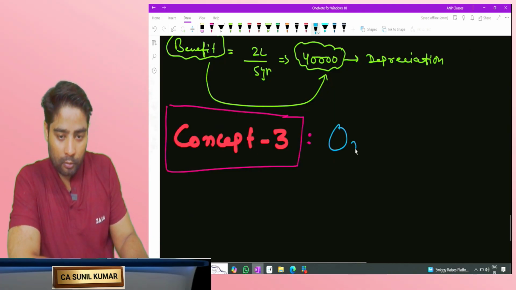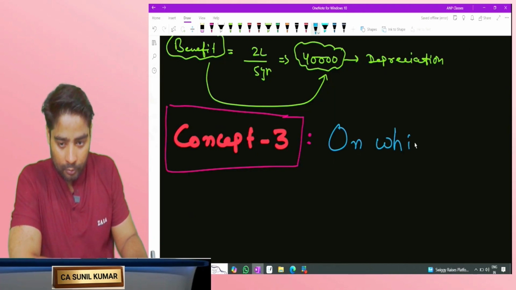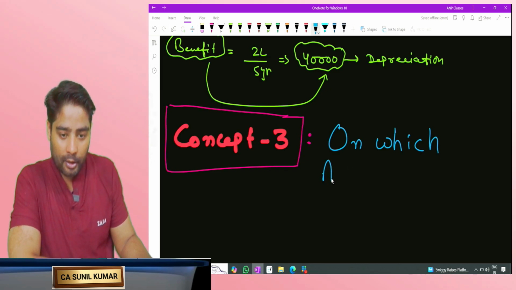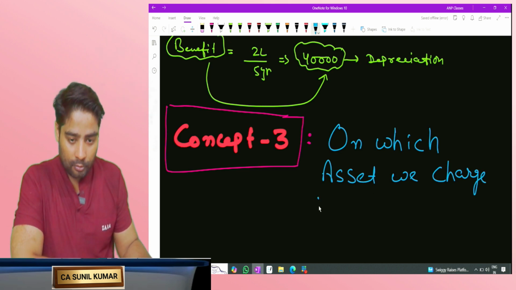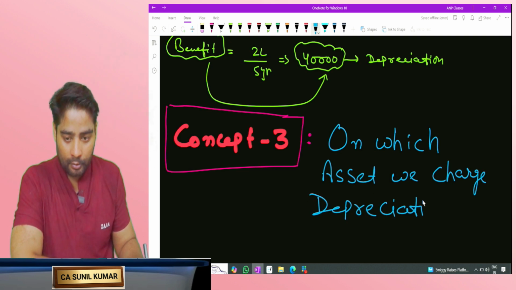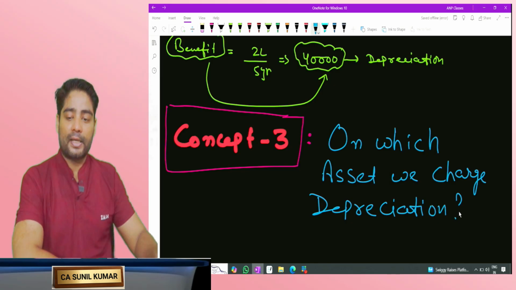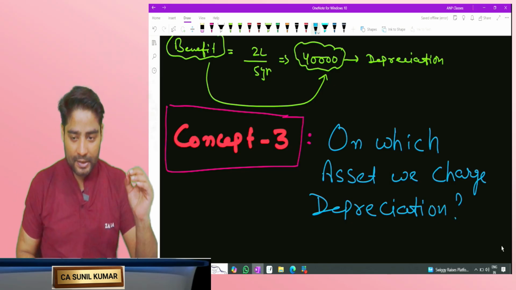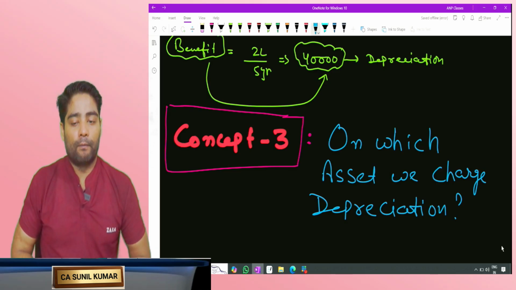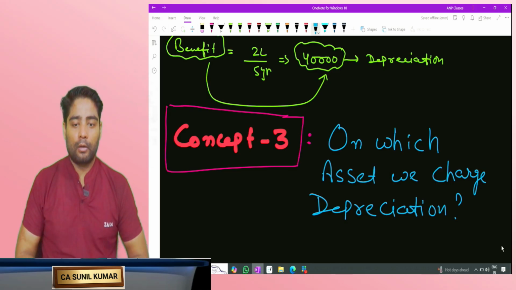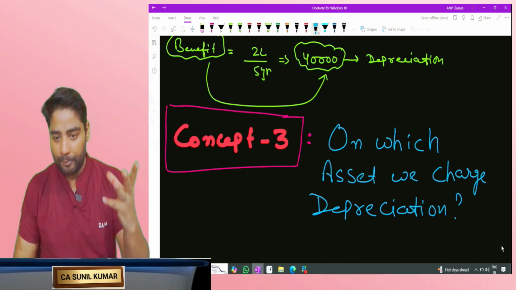On which assets we charge depreciation. I'm asking you on which assets we charge depreciation. What are the assets on which we charge depreciation.